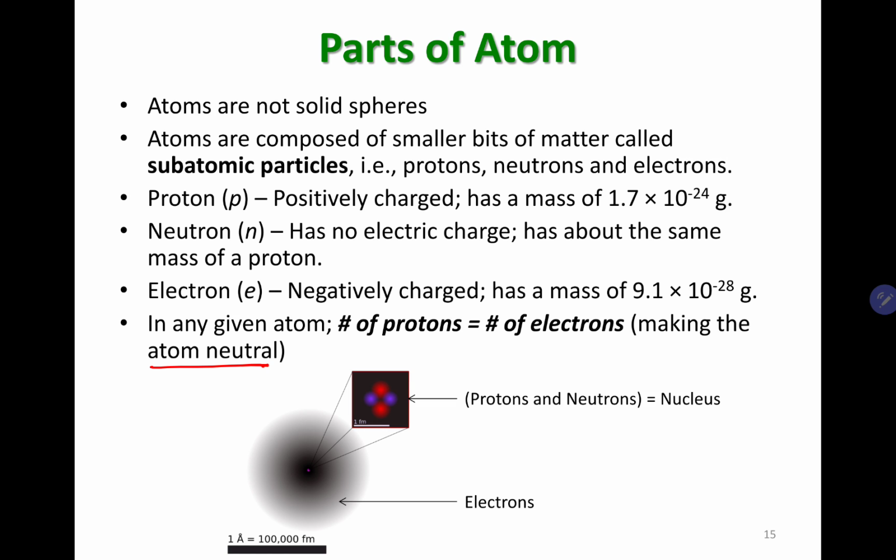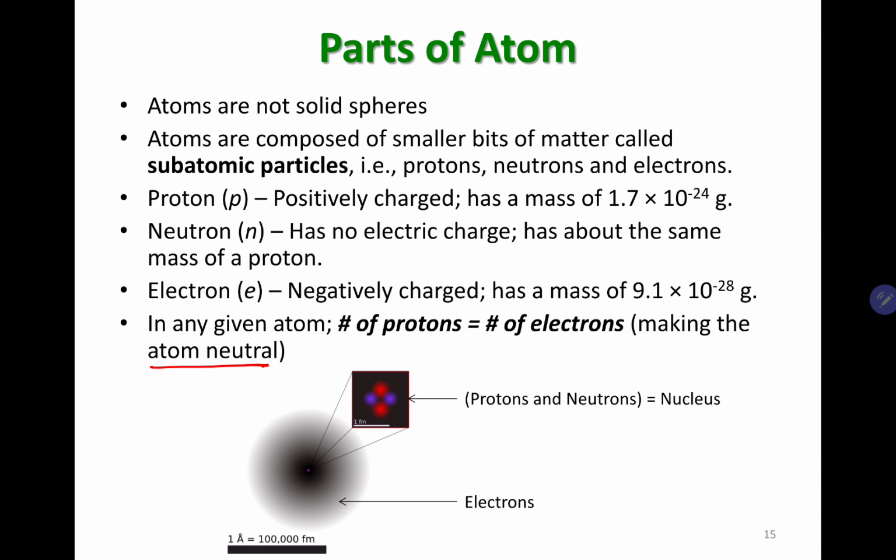If you want to make something neutral by using positive and negative charges, how do you do that? Let's say the charge of a proton is equal to the charge of an electron, but of course they are opposite. How do you make the overall atom neutral by using protons and electrons?